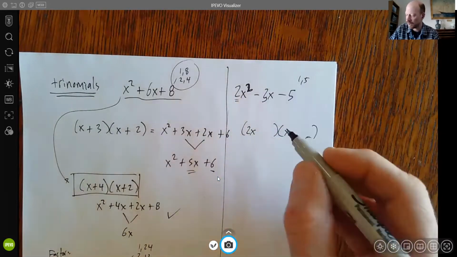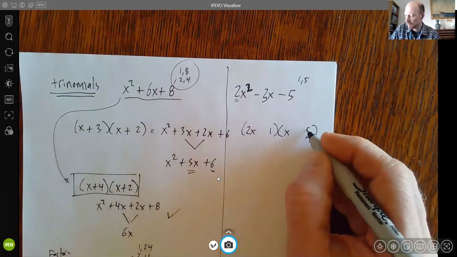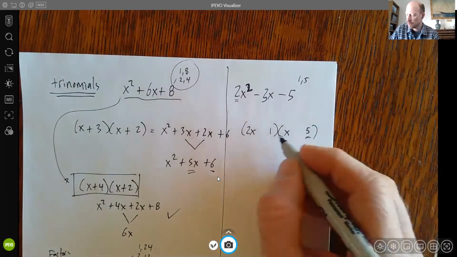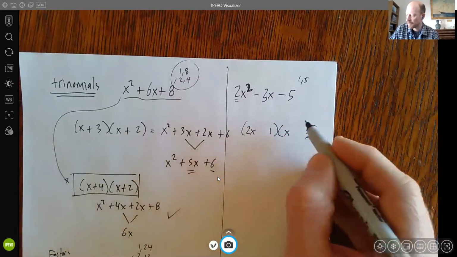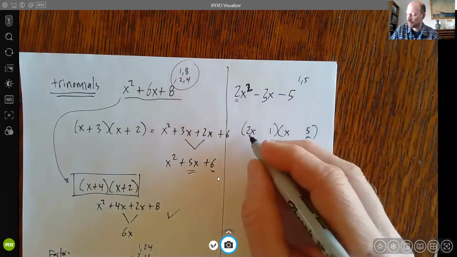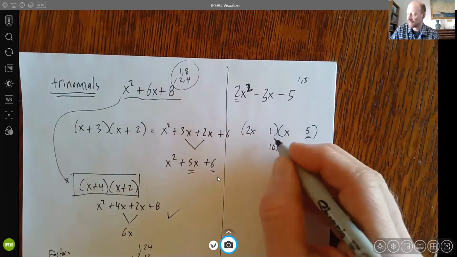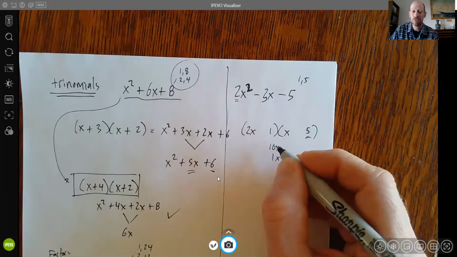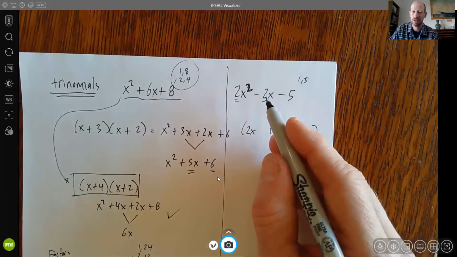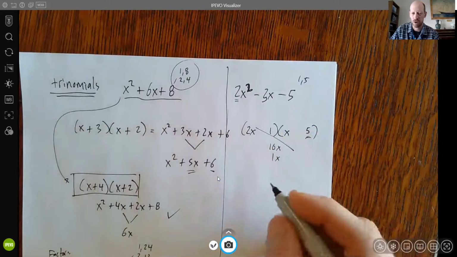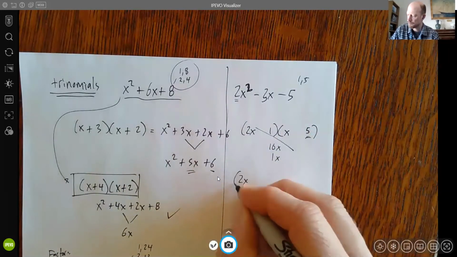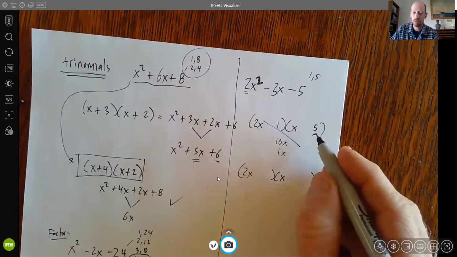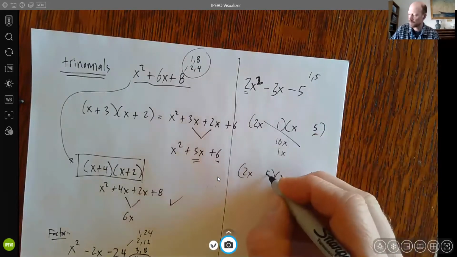The good thing is you don't have very many options to try, right? It's got to be either 1 and 5 or 5 and 1. So if I put a 1 here and a 5 here, well, I can see what happens. 2x times 5 is going to give me 10x, and that's just going to be a 1x. And no matter whether I add or subtract those, I'm never going to get to 3, right? So that doesn't work. So let's switch them around.